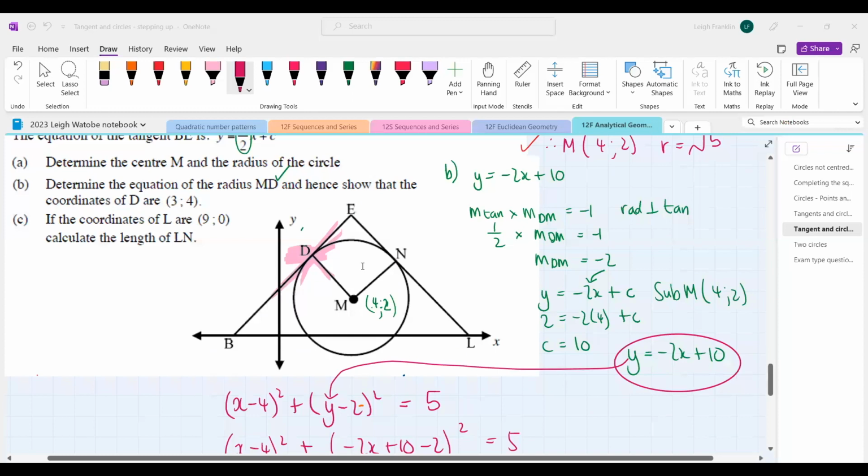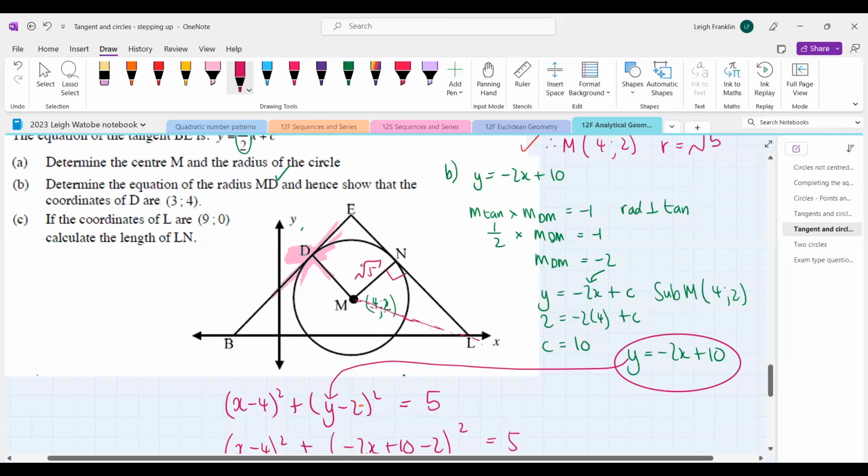All right, so just very quickly, how would we calculate the length of LN? Remember, we are allowed to connect M to L in order to make a right angle triangle. We know the length of the radius MN. We know that it is √5.